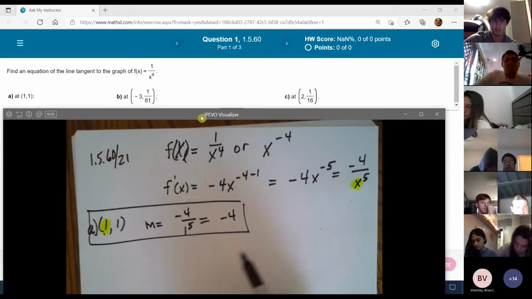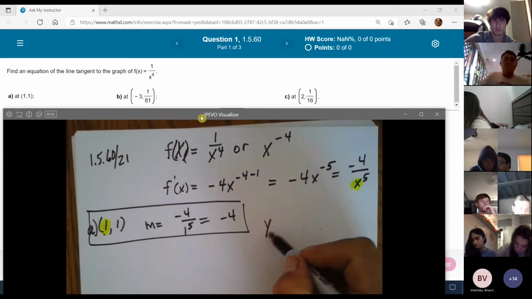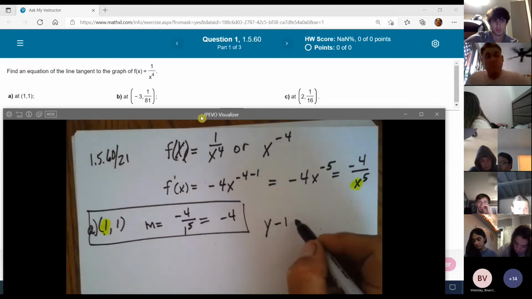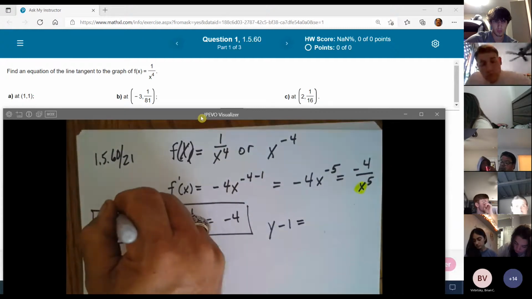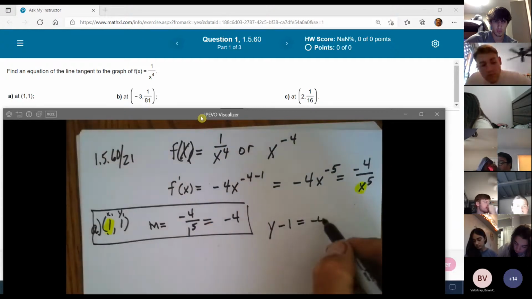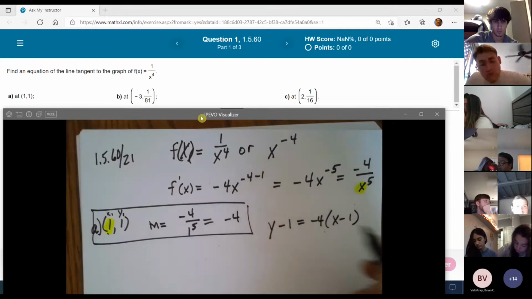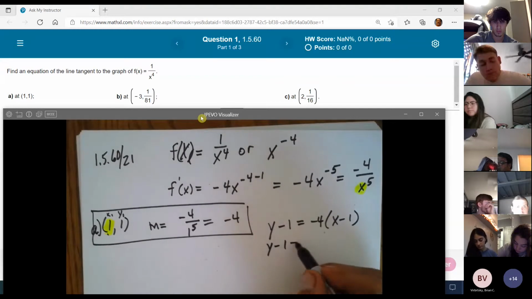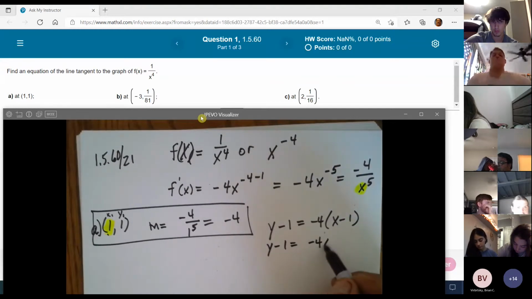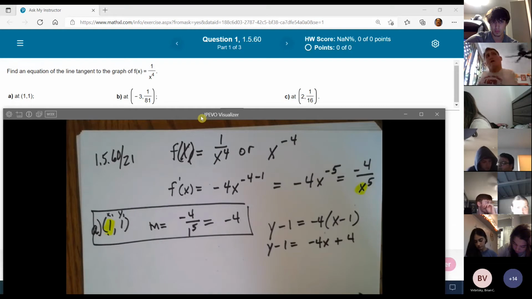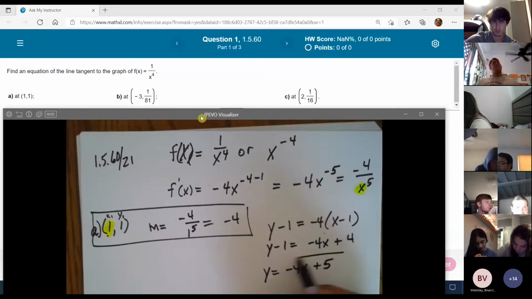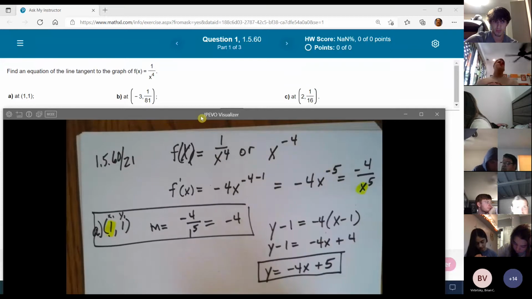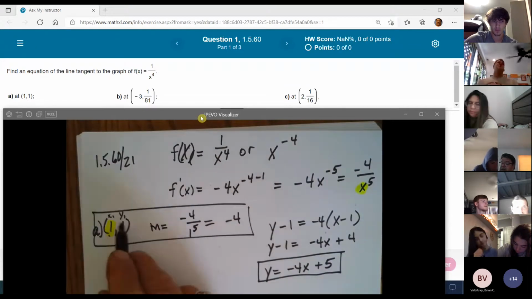I can use the point slope equation. Y minus 1 is equal to -4 times x minus 1. Y minus 1 is equal to -4x plus 4. Y is equal to -4x plus 5. And that is the equation for the tangent line at this point.